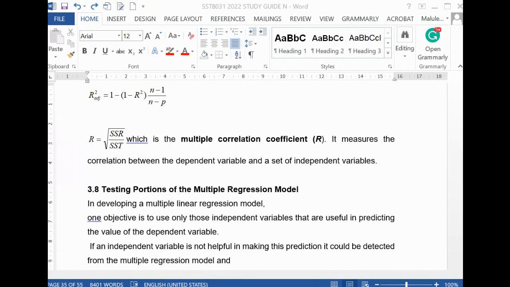Now I want to explain the R, correlation coefficient. Remember our class example? Can someone give me the model based on the class example?